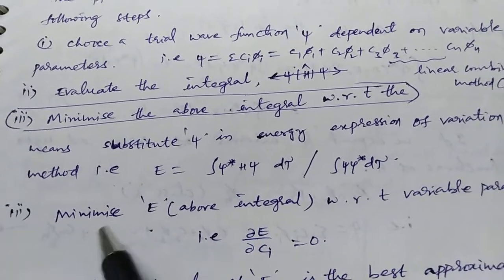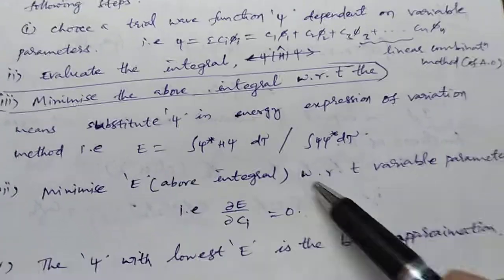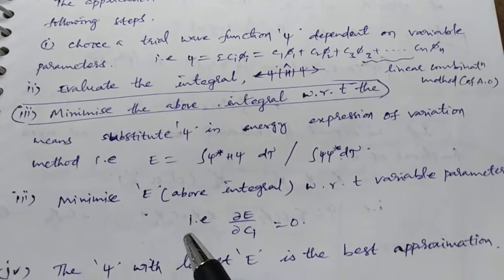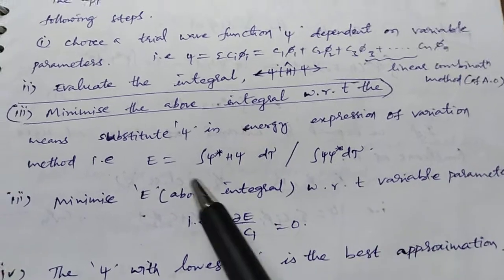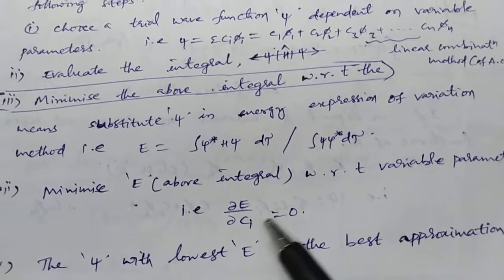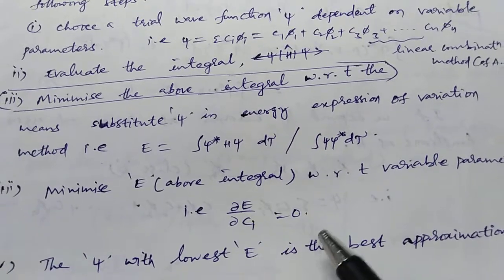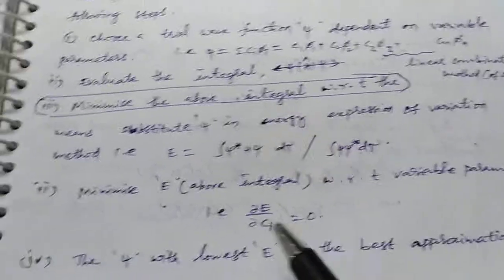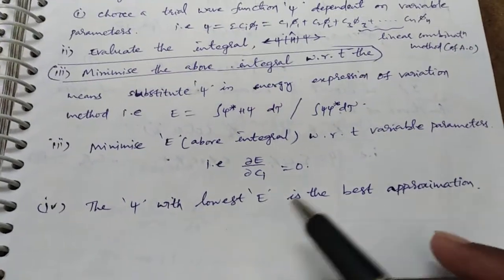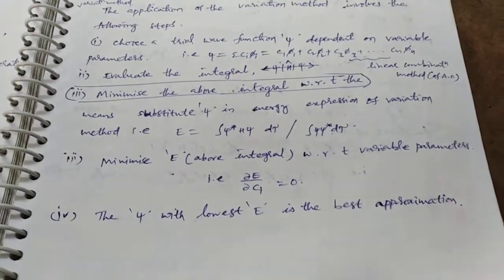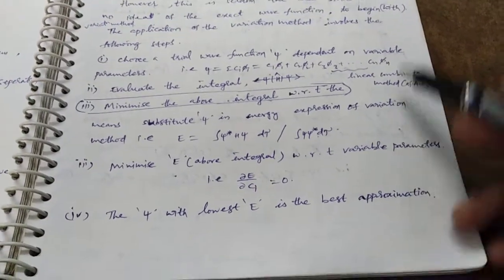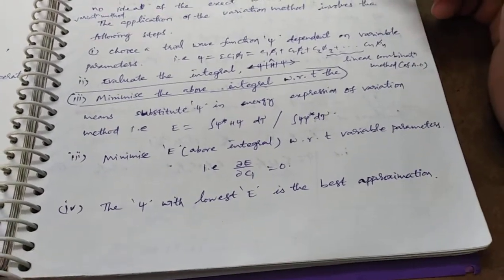Next, the third step is to minimize E with respect to the variable parameters such as C1, C2, C3 and so on. So by differentiating this energy value, we set it to 0: dou E by dou Ci is equal to 0. The fourth point of the variation method is that the psi with the lowest E is the best approximation. So these four steps are involved in the variation method.